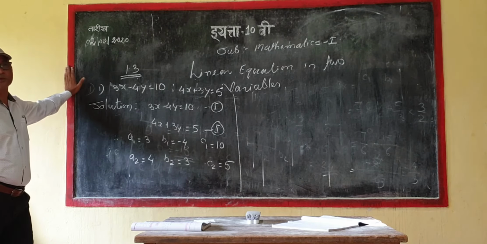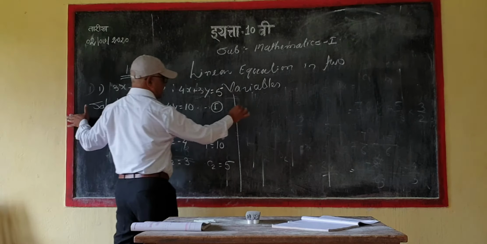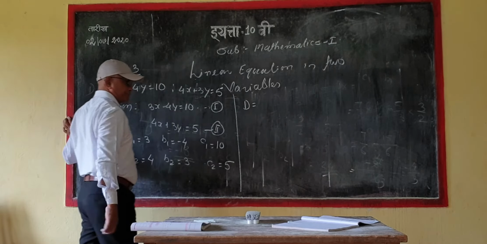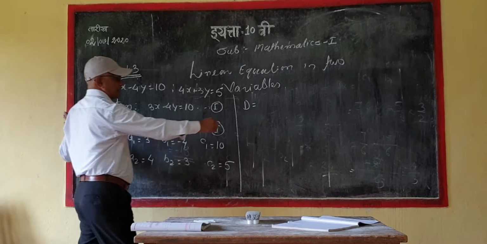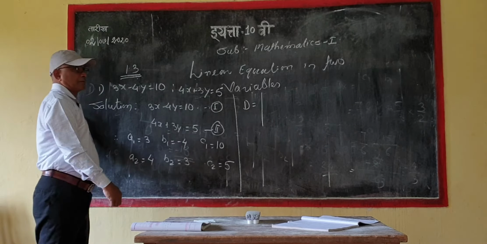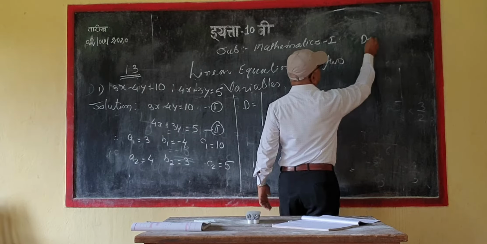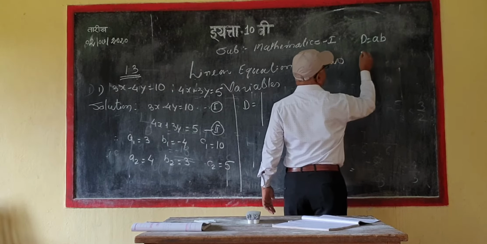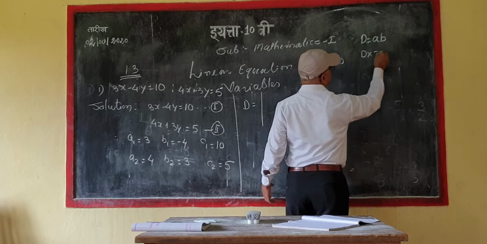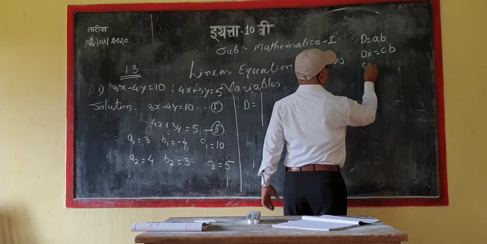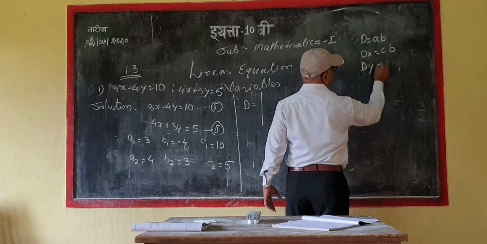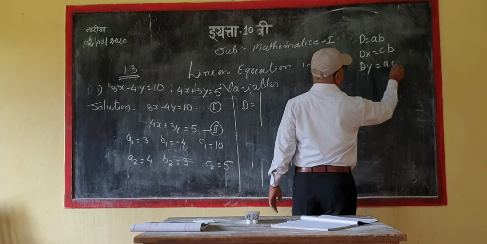First find out the d. पहिल्यांदा आपण d फाइंड आउट करूया. Remember that the d is equal to AB, dx is equal to CB and dy is equal to AC.